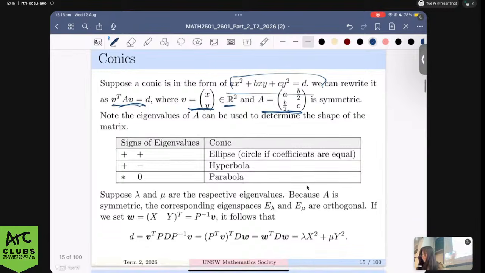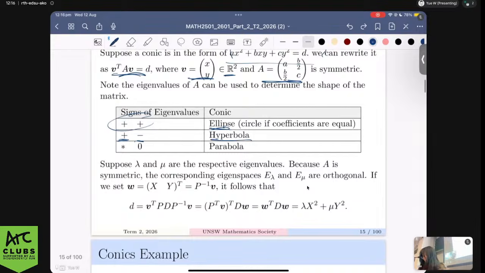So note that in here the eigenvalues of A can actually be used to determine the shape of the conic, right? So if the two eigenvalues are positive, it's an ellipse. If one of them is positive and the other one's negative, it's a hyperbola. And if one of the eigenvalues is 0, then it's a parabola. Note here that the asterisk just means it could be any sign.